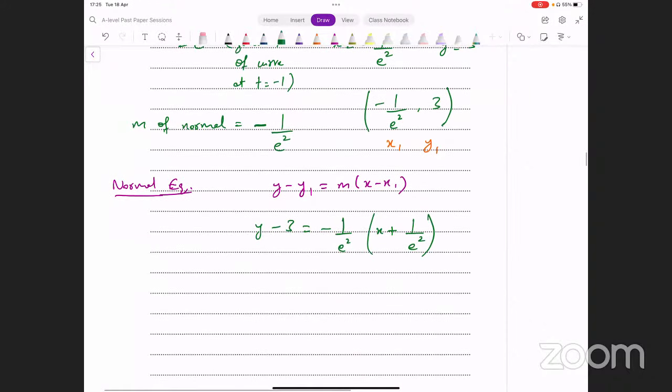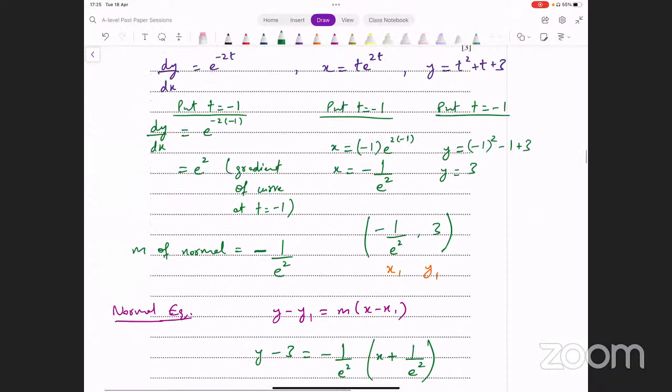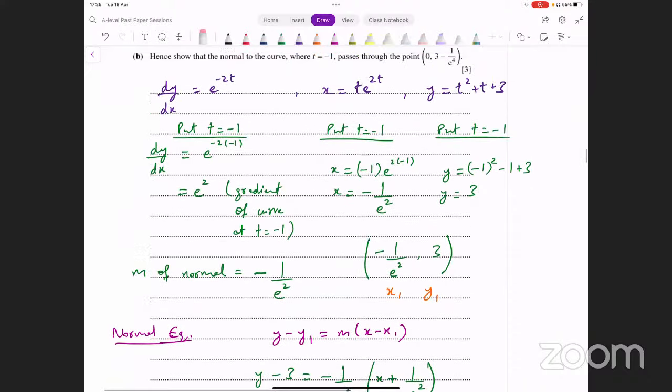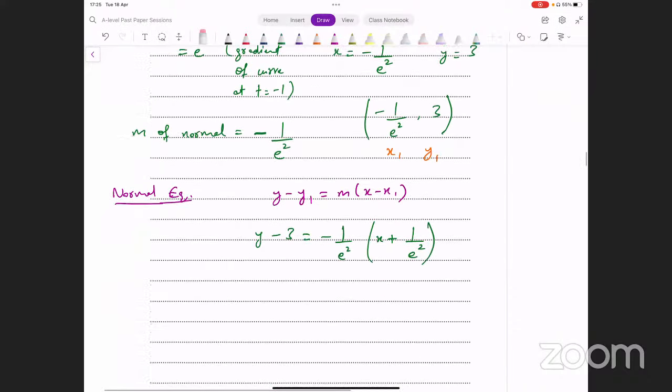Okay, now if you want to simplify this, you can do that. If not, you can just input this point here directly. ये point आप directly input कर दें. ठीक है, इसको simplify ना करें बेशक, directly वो point input कर दें. What is that point?